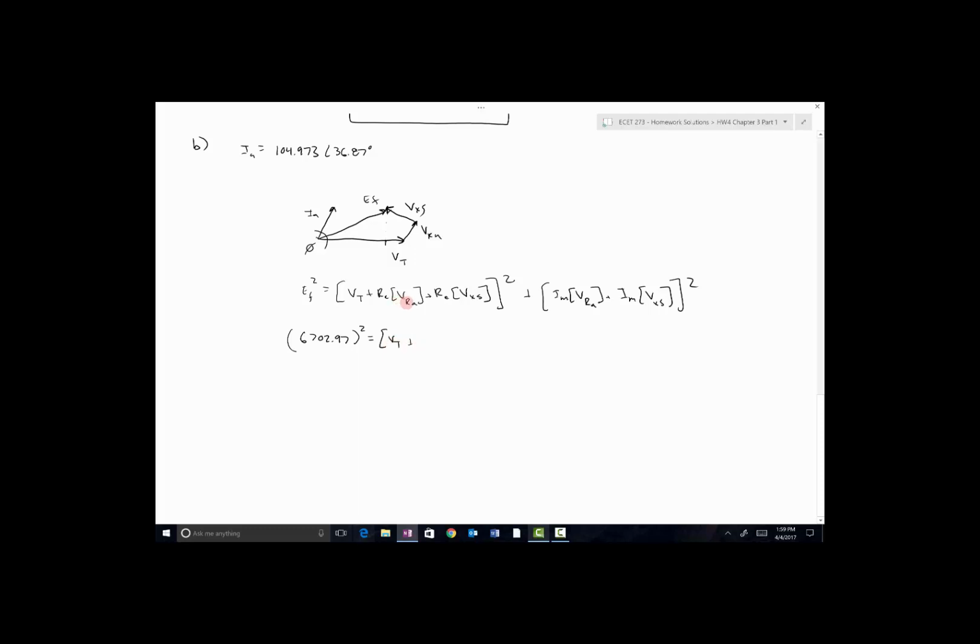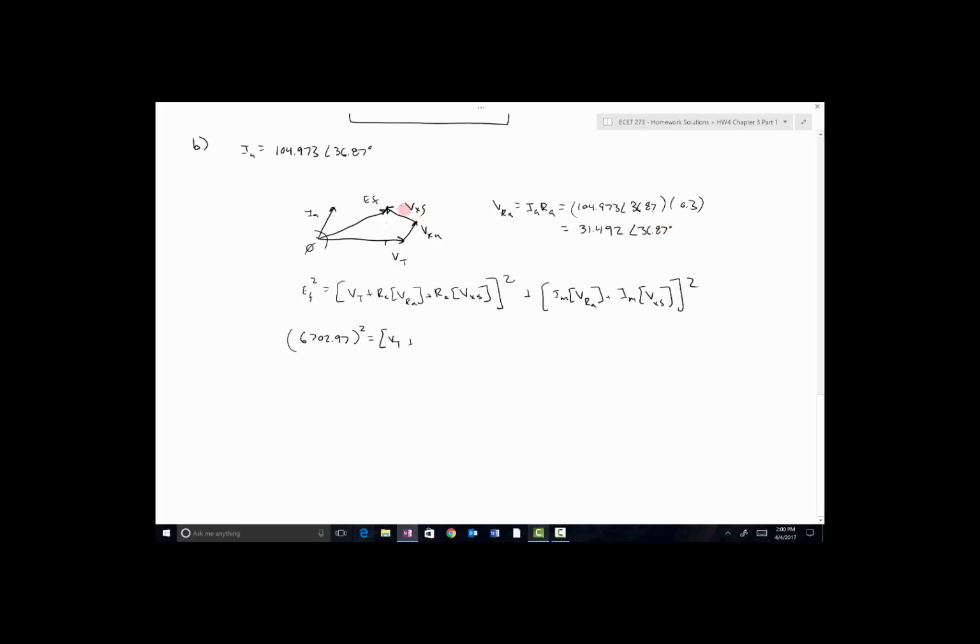I need to know the real part of this vector, so I'm just going to go ahead and calculate these vectors here. VRA is going to be equal to IA RA, and that is 104.973 at an angle of 36.87 degrees times RA, which was 0.3. And so that gives me a vector right here of 31.492 volts at an angle of 36.87 degrees.